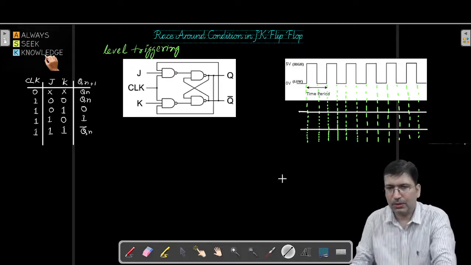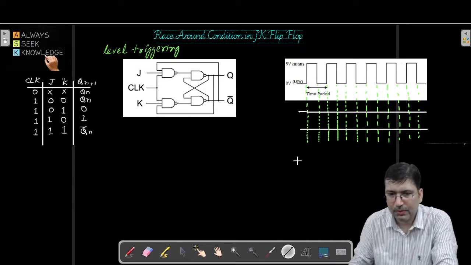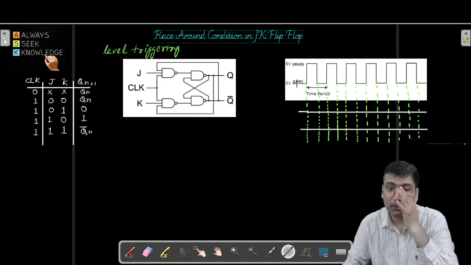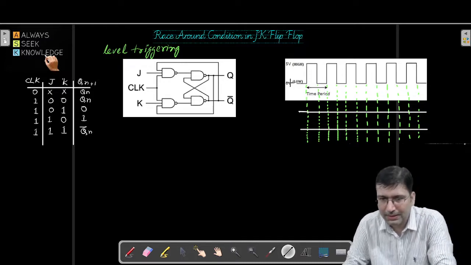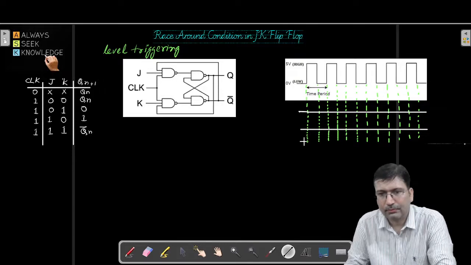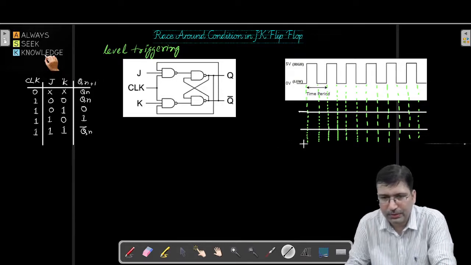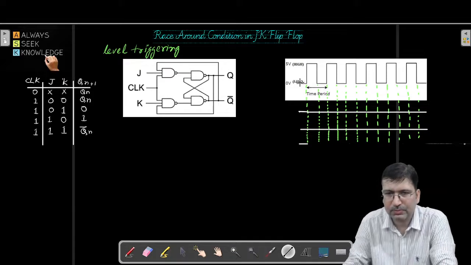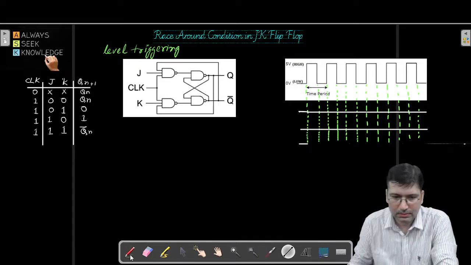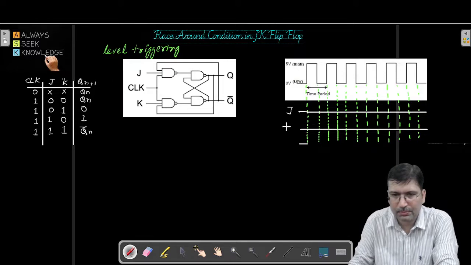Now when it comes to Qn plus 1, let's look at when the clock pulse is low. Previously whatever the value you have, let's say it was 0. So let's say in this duration it was low. So let me write, this is representing J pulse, this is K, and this is Qn plus 1.